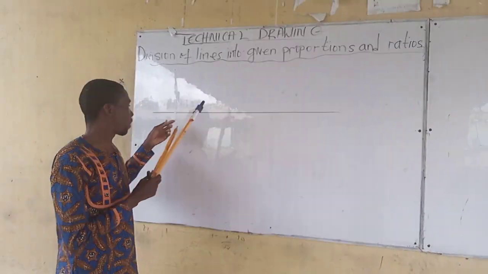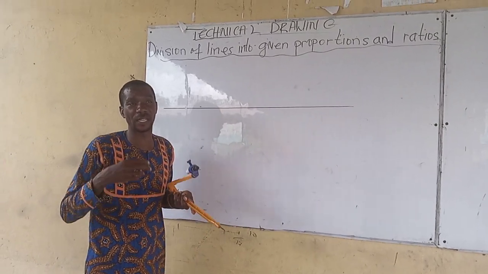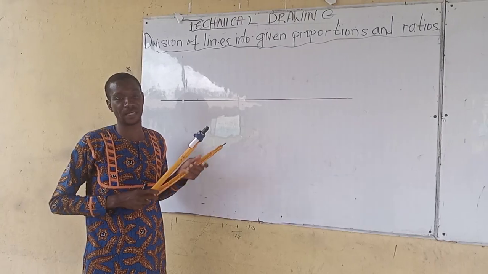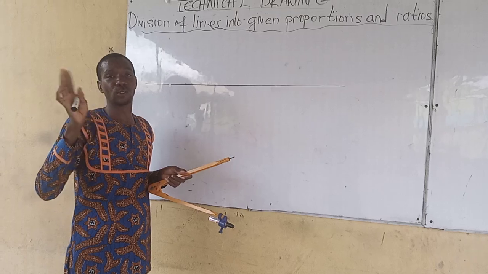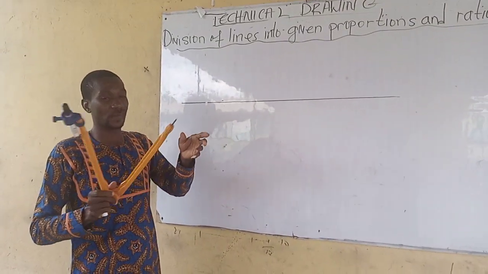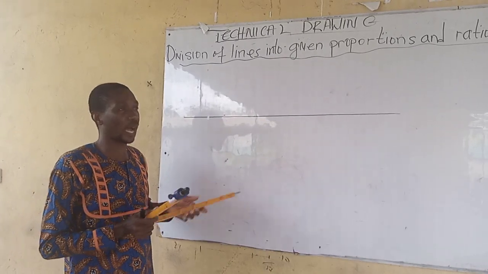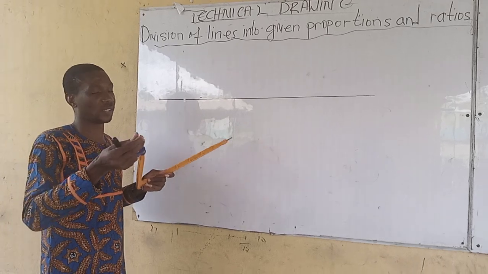I don't want the compass to slip. The last time, someone informed his mother to buy him plasters so that he can use the plasters on the paper. Please don't use plasters on your paper. I use stickers on the board because the compass slipped. So now we have measured our 50 mm or 5 cm.